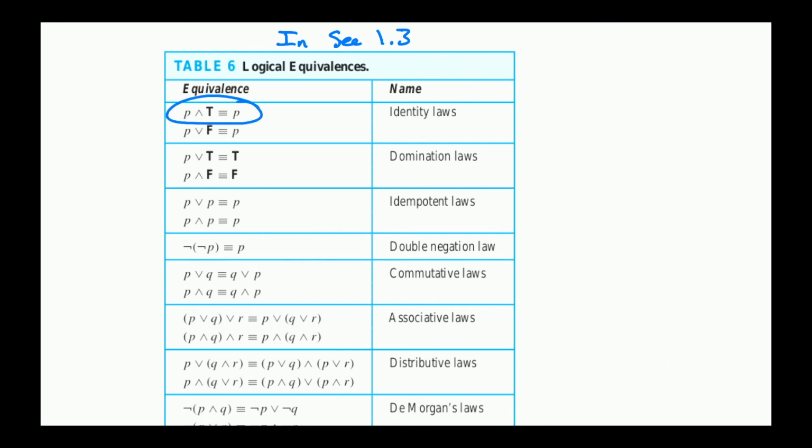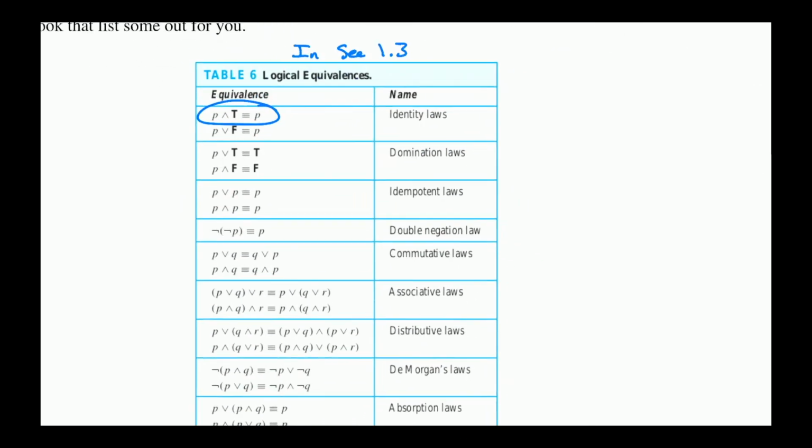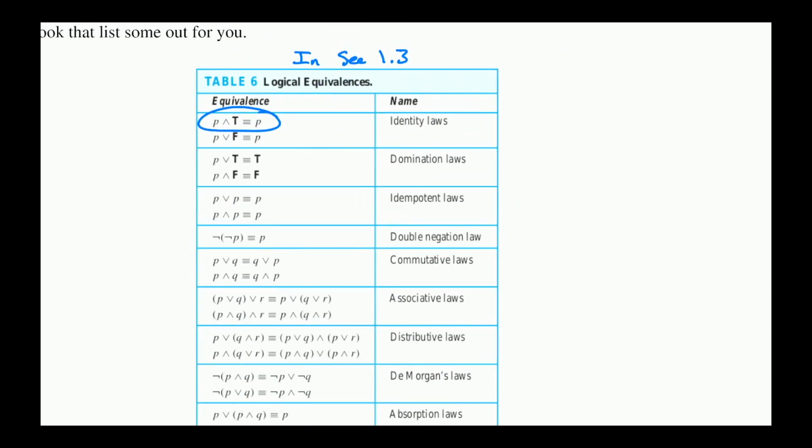Like this right here, P and true is P. You can make a little truth table for any of these, and they're very easy to verify. Like if I go P, and the true is a little bit weird, but I can make a column for true, and P will be true or false. True is just going to be true, right? True is never going to be anything but true.